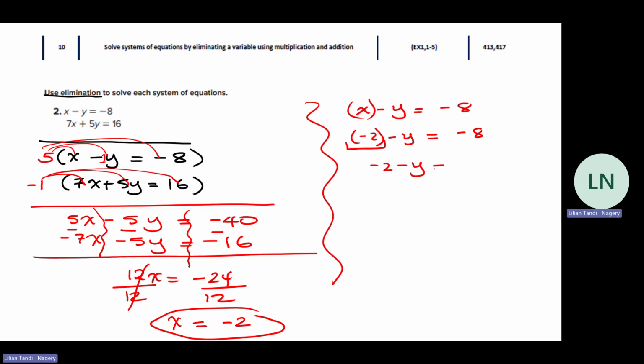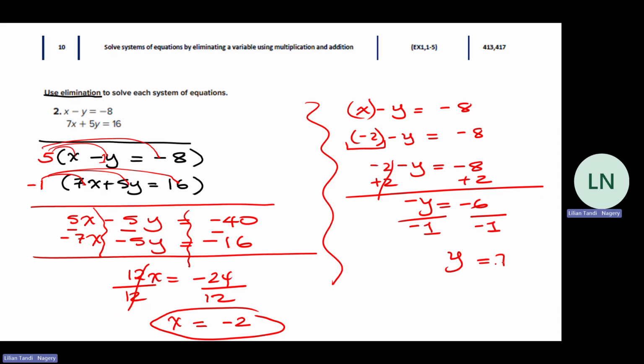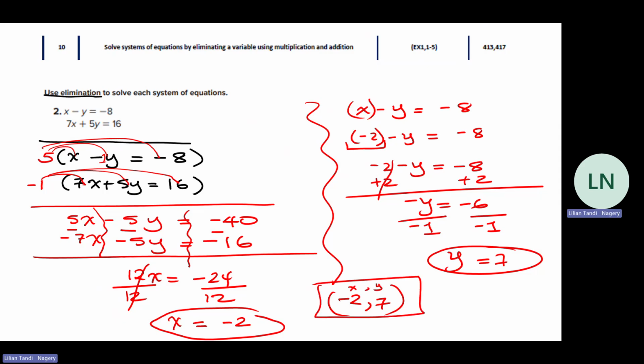Negative 2 minus y equals negative 8, plus 2 on both sides. Negative y equals negative 6. I will divide by negative 1 on both sides. Y equals 7. X comes before y, so negative 2, 7. X, y, and I box my answer.